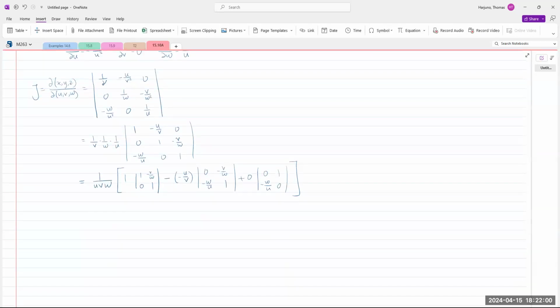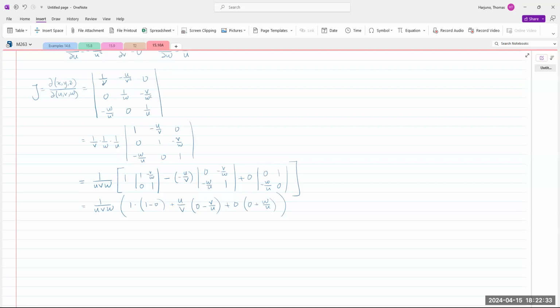If we compute further, we get 1 over phi u w, and then the first term will be 1 times 1 minus 0, plus u over phi times 0 minus phi over u. Is it right? And then plus 0 times 0 plus phi over u.